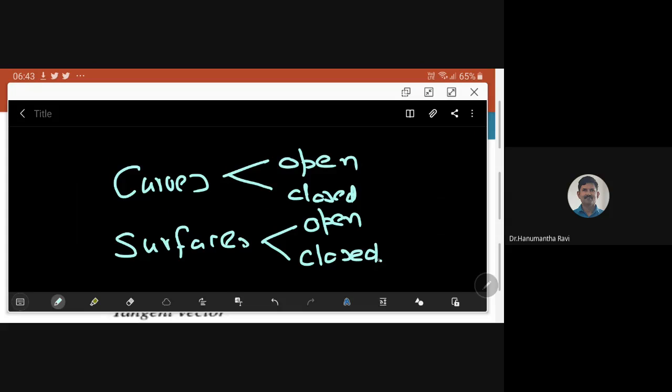For example, an open surface may look like this.